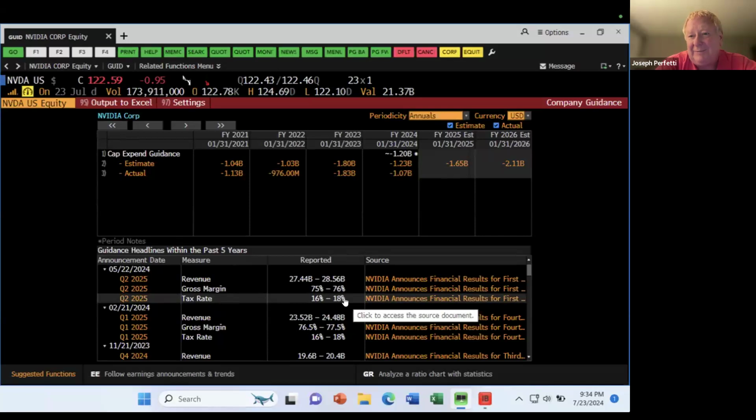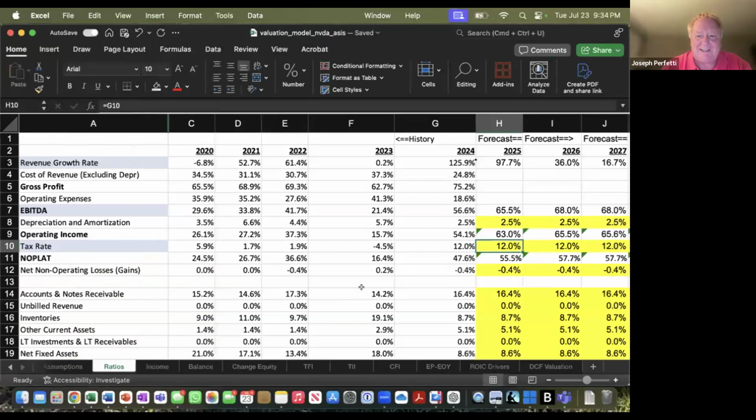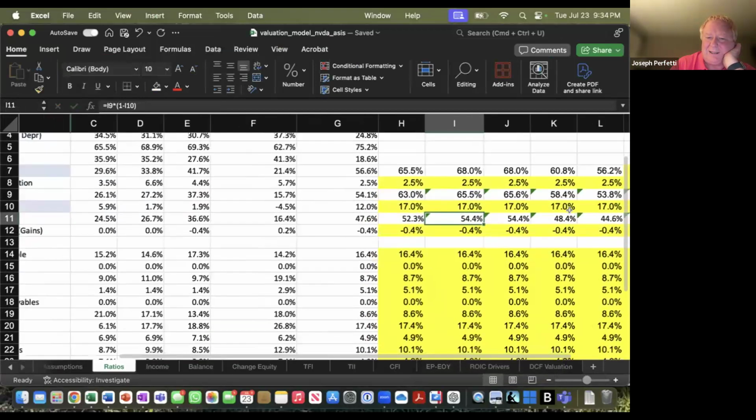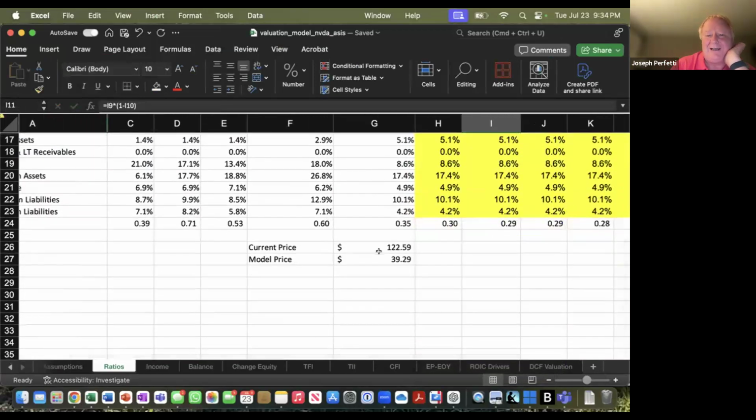So let's use 17. I wouldn't use 25 and I wouldn't use 11. So they say 16, 18. I think they have a good idea. Let's use 17. But you could use 16 or 18. But for our purposes today, we're going to use 17. Notice when we put in 17, starting in 2025, that carries in for the future, that leads to a share price of $39.